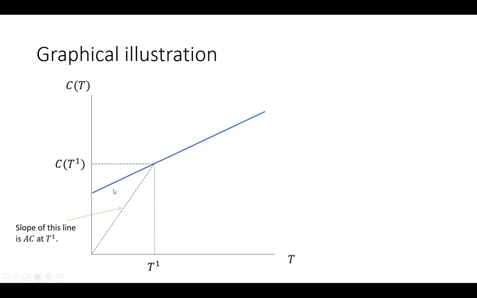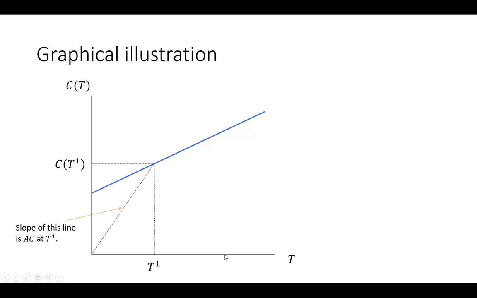So from this graph, this is total cost here when you produce T1. Divide the total cost by T1 at this point, then this is the average cost. If you draw the line that connects the origin and the point on the cost function, then the slope of this line is the average cost at T1.